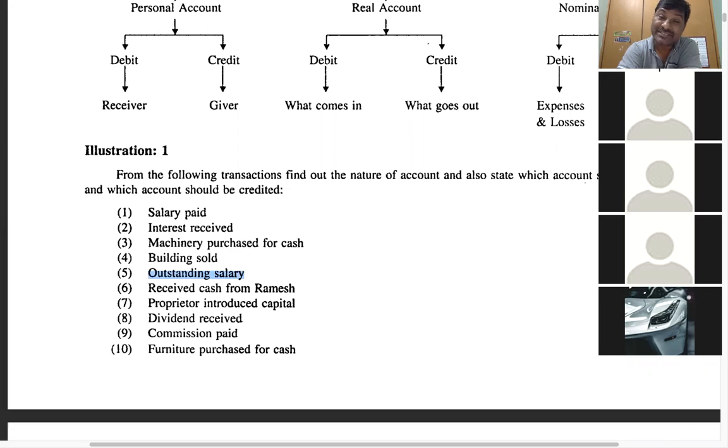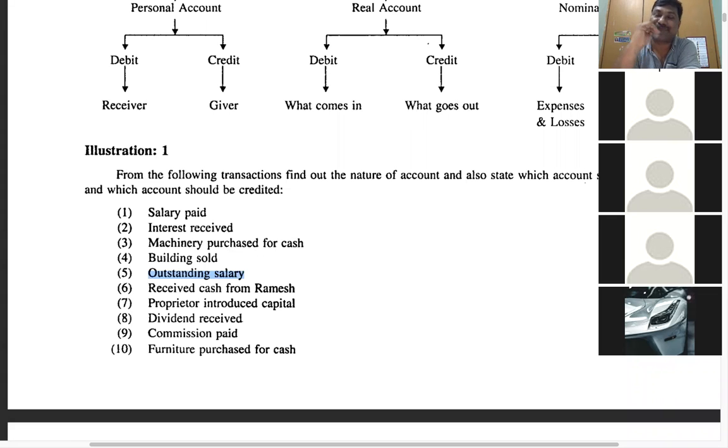Which account is taking benefit? Salary account. Then who is giving that benefit? The employee is giving that benefit. If the employee is allowing his salary to be with the company, the employee is giving benefit to the company.